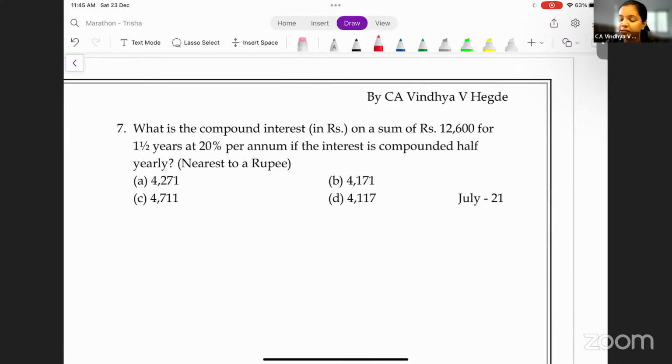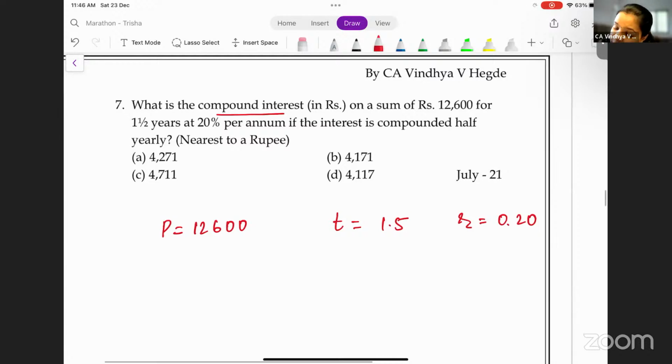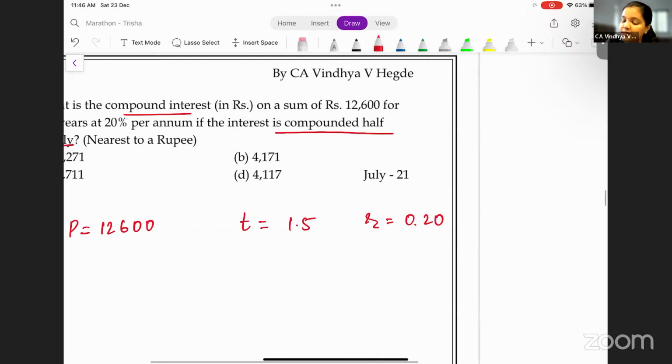What is the compound interest on a sum of rupees 12,600? Principal is given as 12,600 for 1.5 years at the rate of 20%. It's specifically asking for compound interest, if the interest is compounded half yearly. What is this half yearly?